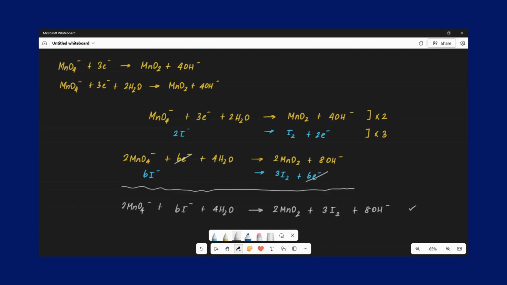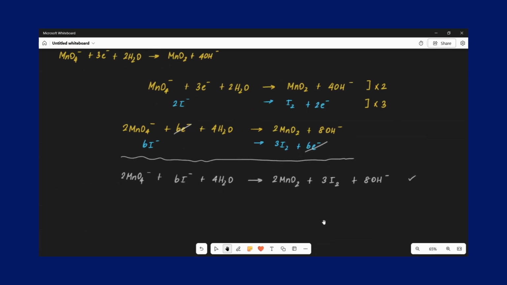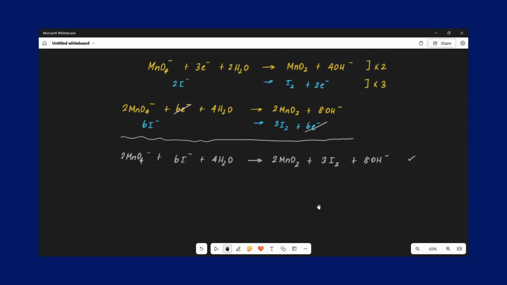So what did I do? I balanced 2 half equations separately. To make 2 half equations, I identified which reactant undergoes oxidation and which reactant undergoes reduction. Accordingly, I broke them into 2 reactions, and for reduction I added electrons, for oxidation I removed electrons.